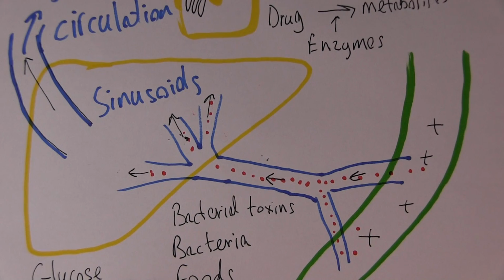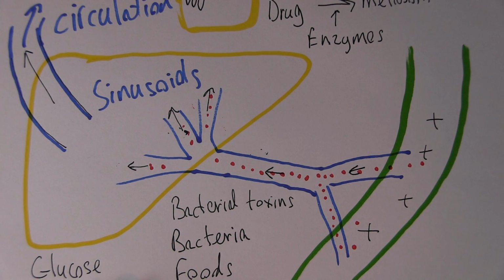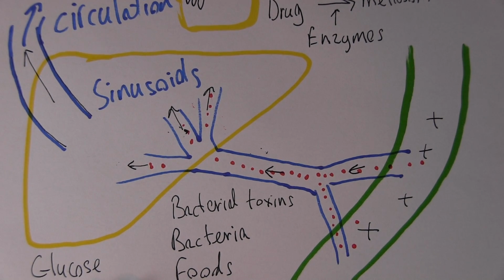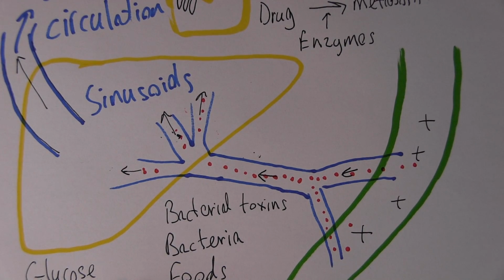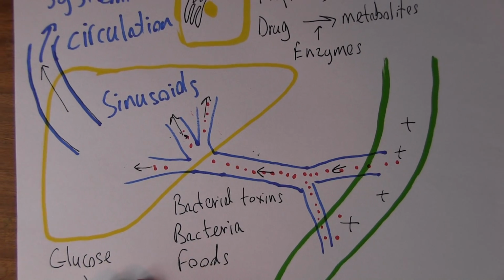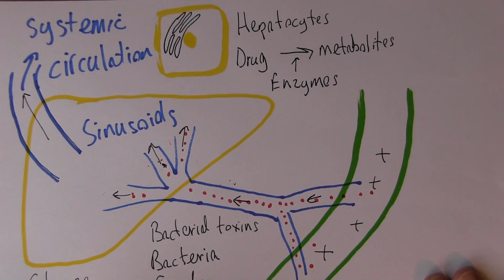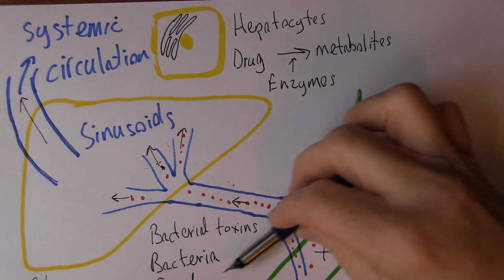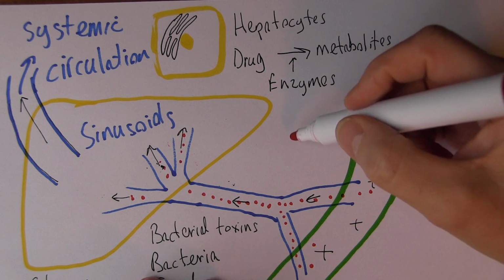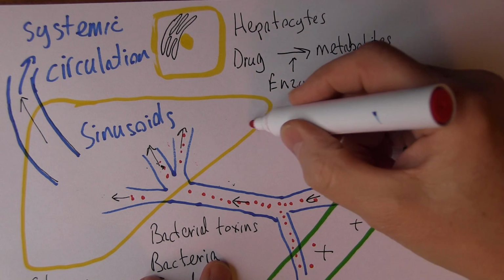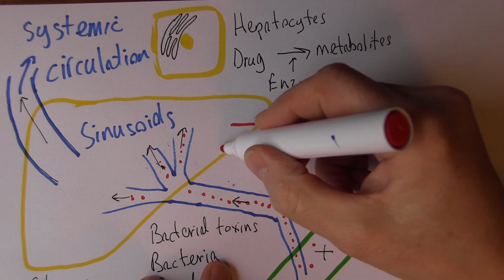So drugs given enterally are subject to this first pass metabolism. Now, drugs given intravenously or via other parenteral routes, sublingual for example, when they get to the liver, they are already going to be diluted in the blood, and they're going to enter the liver via the hepatic artery.